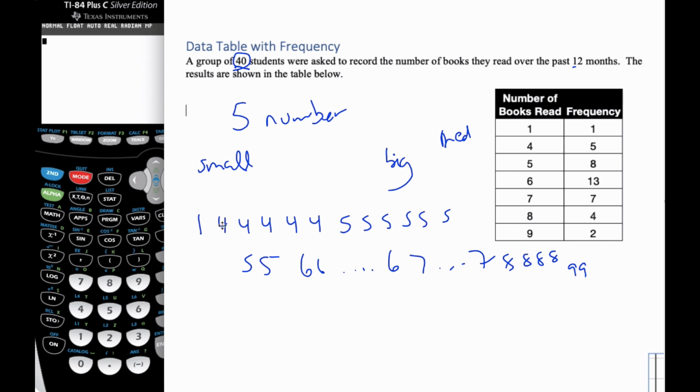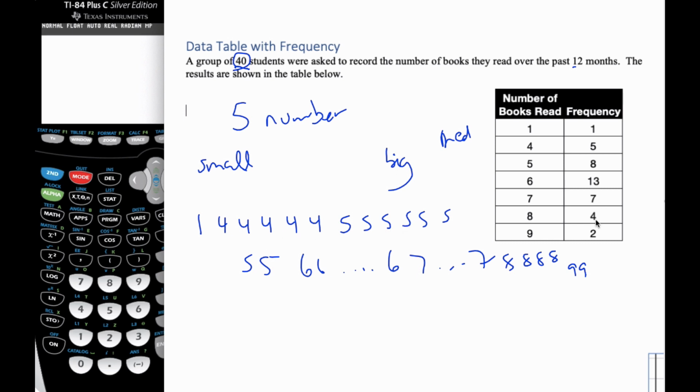So I'd have to count 1, 2, 3, 4, 5, 6, 7, 8, 9, 10, 11, 12, 13, 14, 15, 16, 17, 18, 19, 20, because there's 13 in here. My 20 would be in the 6. And so the median will be 6. If I count my first 10 for my quartile 1, 1, 2, 3, 4, 5, 6, 7, 8, 9, 10, quartile 1 will be 5.